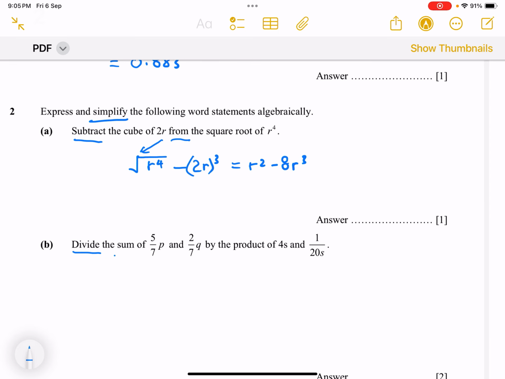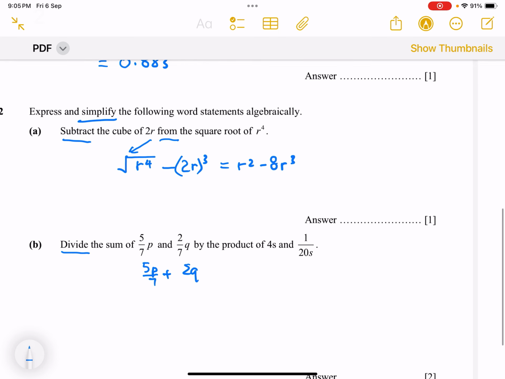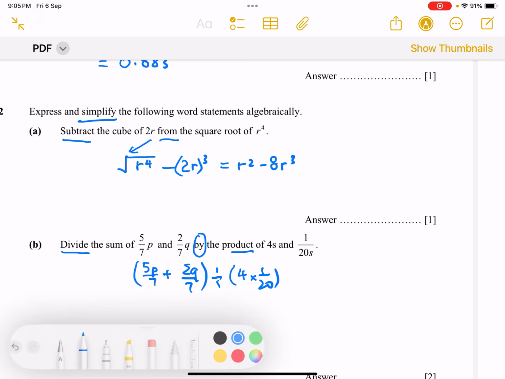Next, divide the sum. Divide the sum of, so divide the sum, divide by the product, by the product, 4 times 5 multiplied by 120.